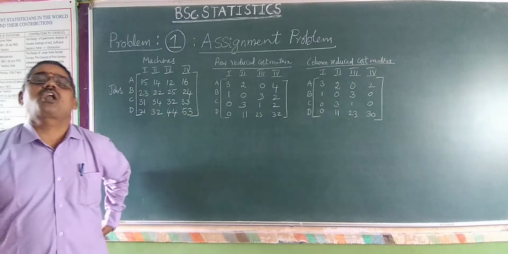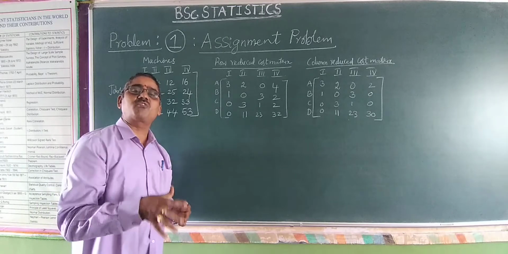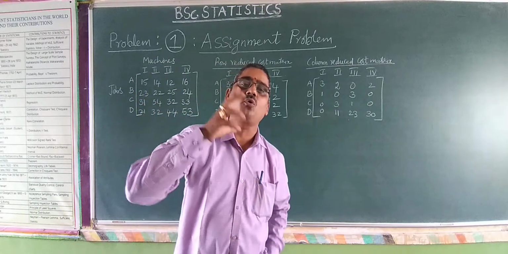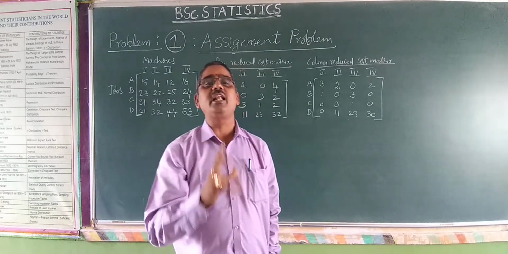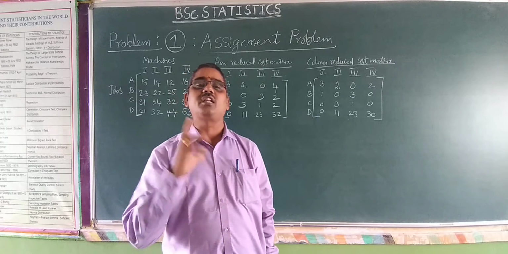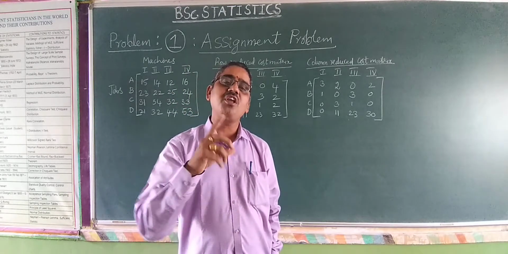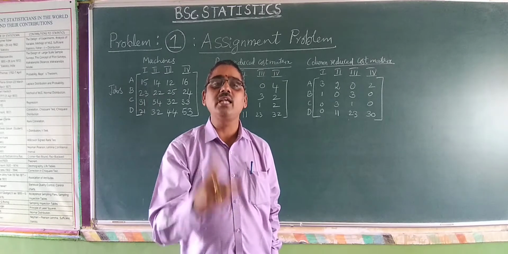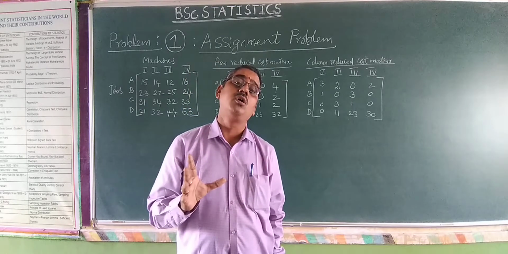After applying the procedure for rows and columns, we have to ensure that every row and every column has at least a single 0. Must have at least a single 0.